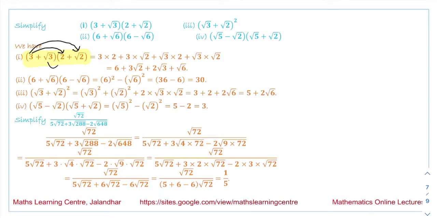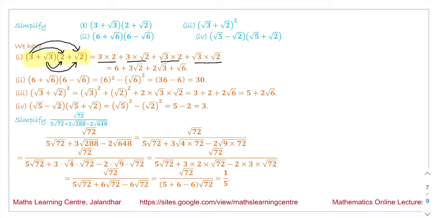Next, square root 3 and 2 are multiplied, and square root 3 and square root 2 are multiplied. So we are getting 4 terms here: 3 times 2, 3 times square root 2, square root 3 times 2, and square root 3 times square root 2.